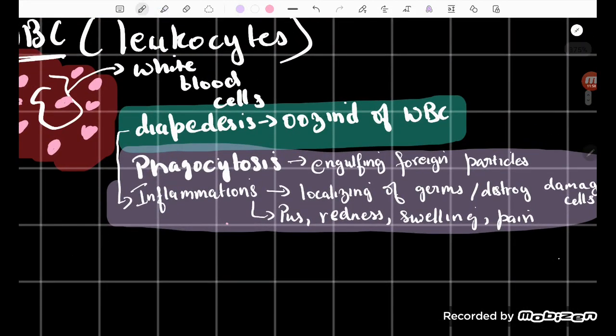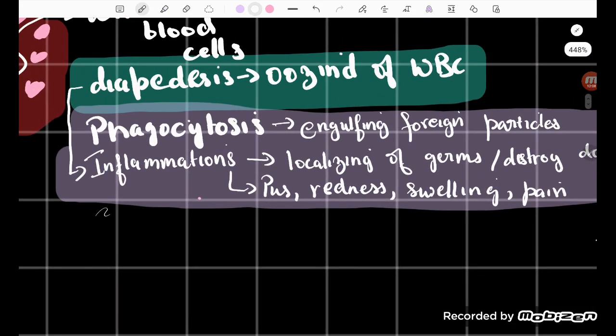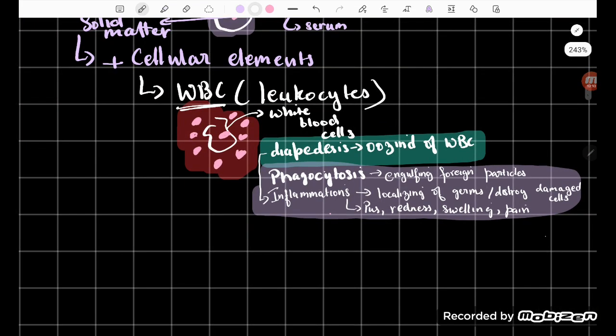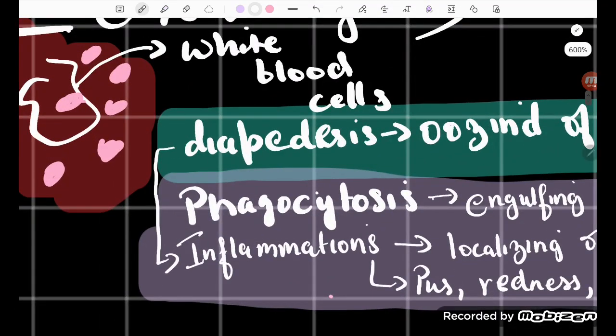These are technically definitions, so you have to remember. There is also formation. So these are all these things that you have to remember. Let me star this stuff. Star, that is another point. Inflammation is another point.